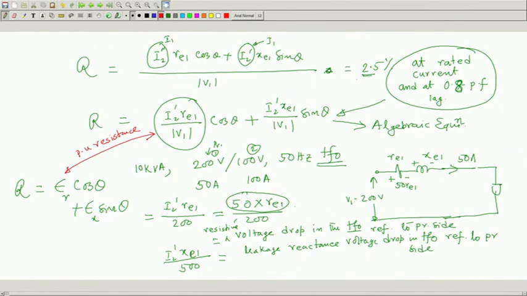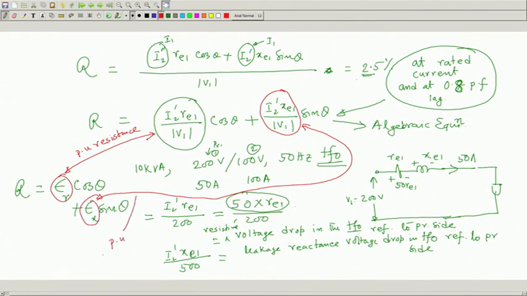You would like this number to be as low as possible, because the less of the total rated voltage consumed by the transformer, the better the regulation. Similarly, this number is epsilon x, the per unit reactance of a transformer.